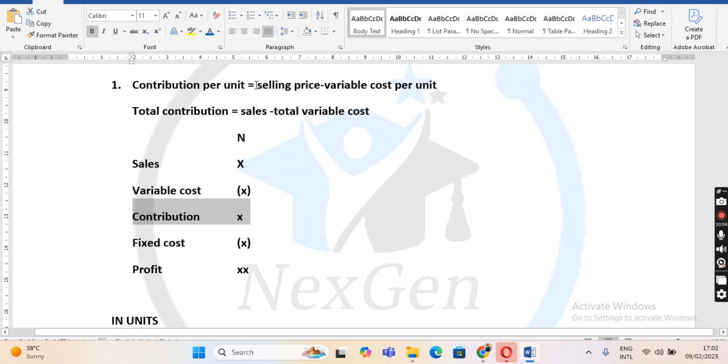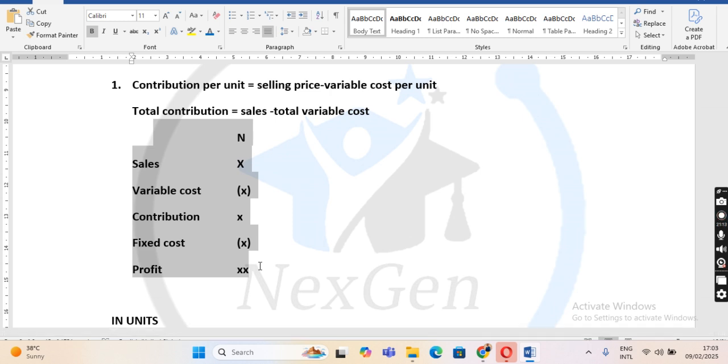Or if the selling price is given to you in the question, you say selling price minus variable cost per unit, you have your contribution per unit. And this is your profit statement. When the question says determine the profit statement, you say your total sales, your total variable cost, your contribution, minus your fixed cost, you have your profit.